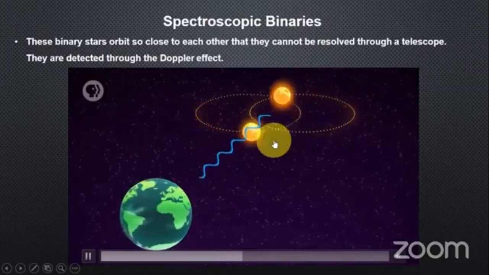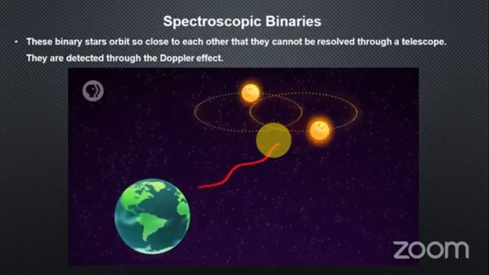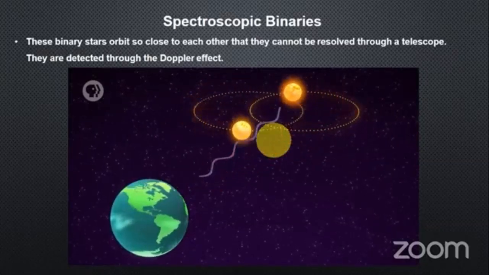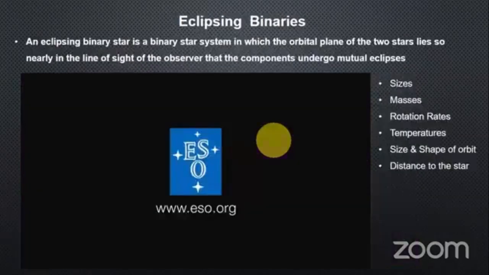You cannot detect this using a normal telescope. You have to mount a spectrograph to that telescope to be able to detect this, because these two stars are so close to each other that you cannot readily resolve them. So we call these spectroscopic binary stars.